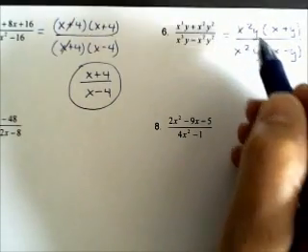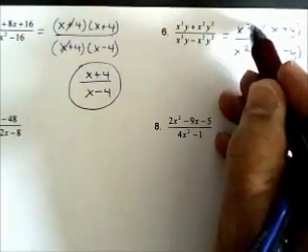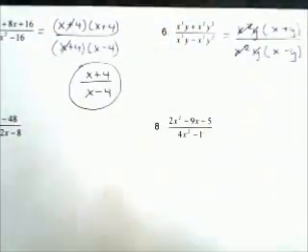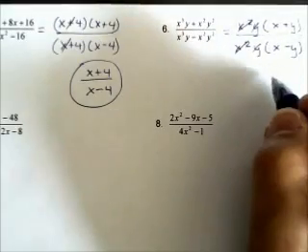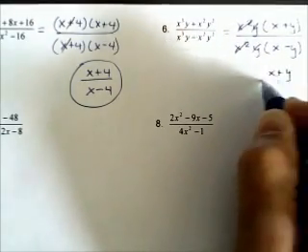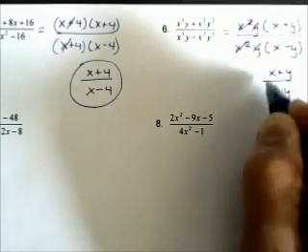The x squared y's divide out. So we're left with x plus y divided by x minus y.